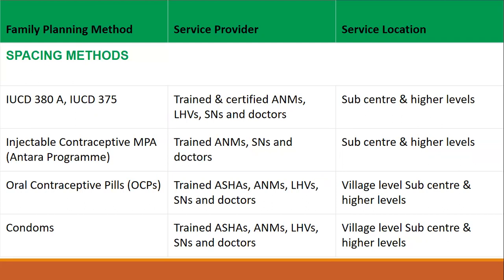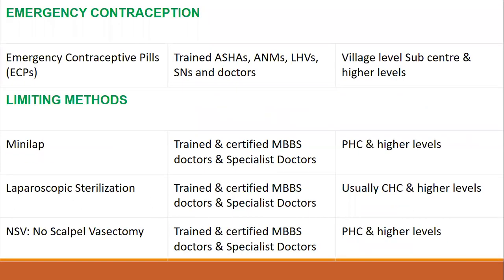Oral contraceptive pills are provided by trained ASHAs, ANMs, LHVs, SNs or staff nurses and doctors at village level, subcenter and higher levels. Condoms are provided by trained ASHAs, ANMs, LHVs, SNs and doctors at village level, subcenter and higher levels. Emergency contraceptive pills are provided by trained ASHAs, ANMs, LHVs, SNs and doctors at village level, subcenter and higher levels.